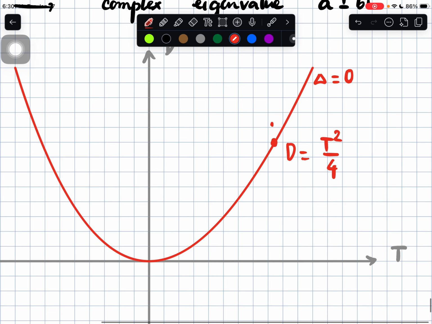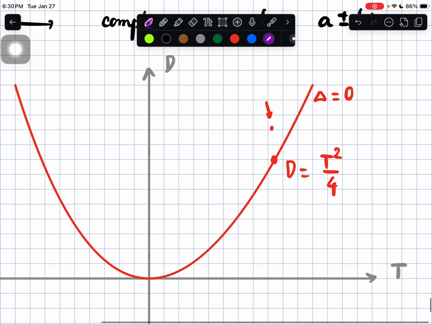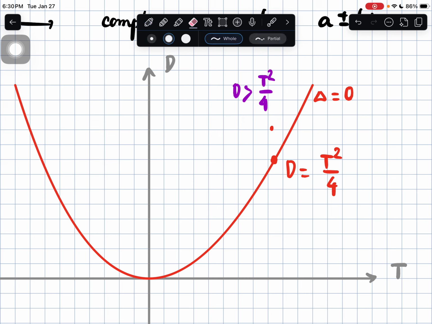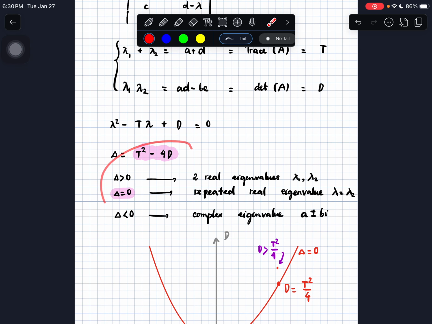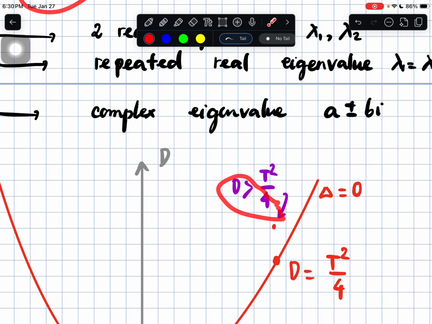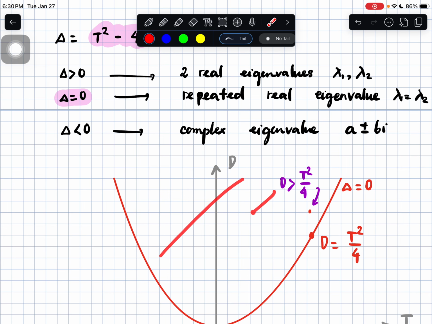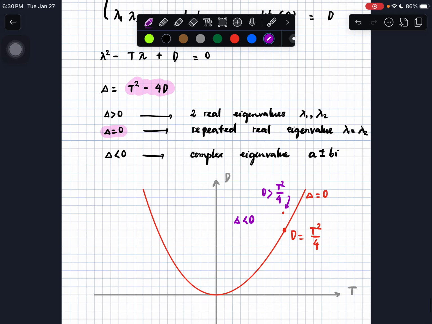So this one would give us a point with D bigger than T squared divided by 4. What does that mean in this case? 4 times D bigger than T squared, so delta is negative.